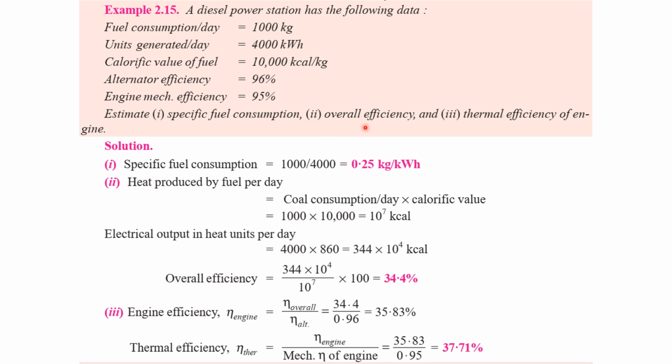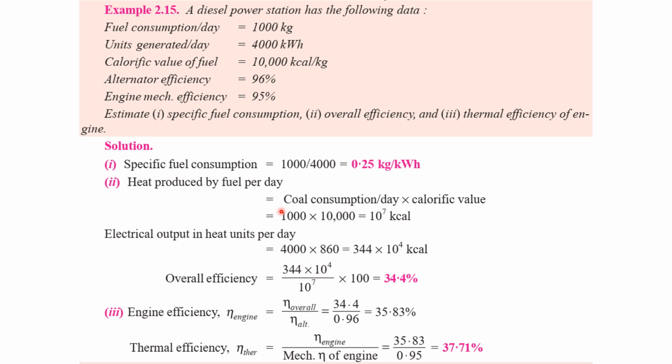Then you have to find out the overall efficiency. To find the overall efficiency, you need to find the output heat equivalent of electrical energy and the input heat which was produced by burning the given amount of fuel. So the heat produced by fuel per day is given by coal consumption per day times calorific value.